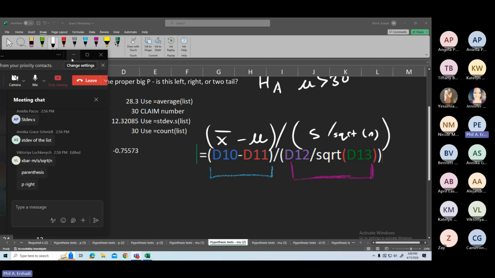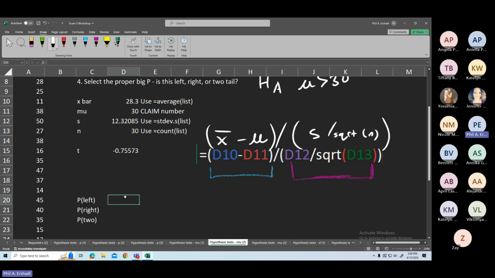I would do P left first, though, here. They may have some formulas for P right, but sometimes Excel bugs out, especially with certain versions of them. If I want to go for P left, what would I do?